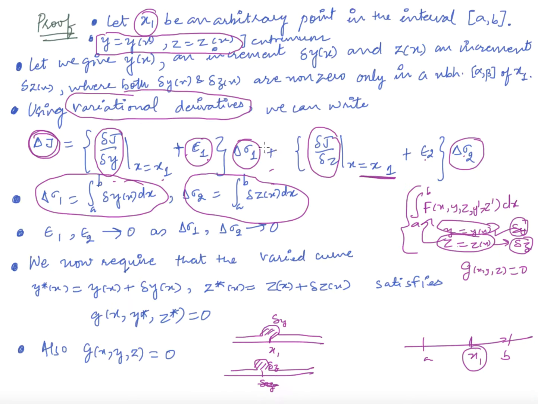Epsilon 1 goes to 0 as delta sigma 1 goes to 0, and epsilon 2 goes to 0 as delta sigma 2 goes to 0, right?